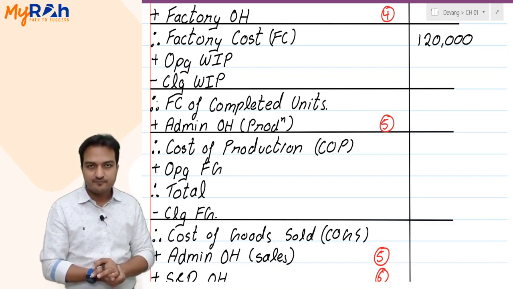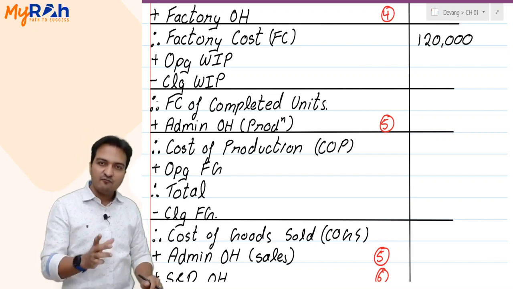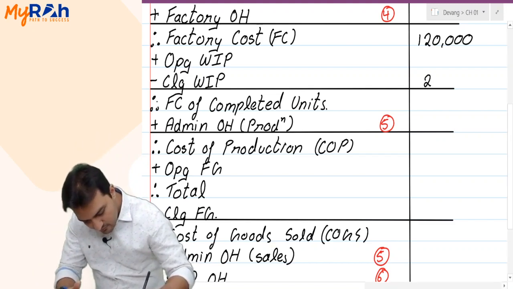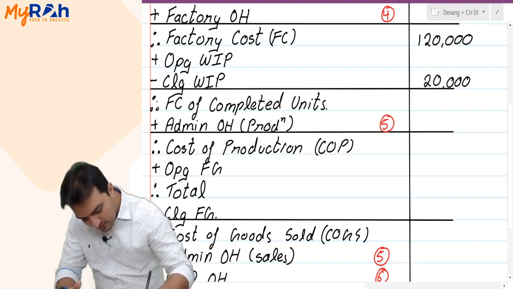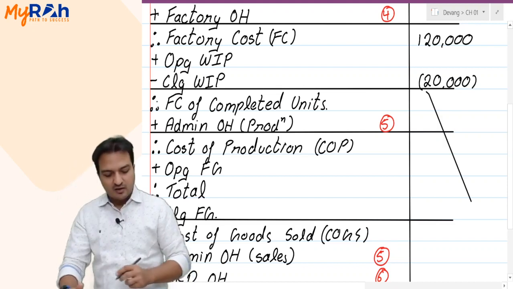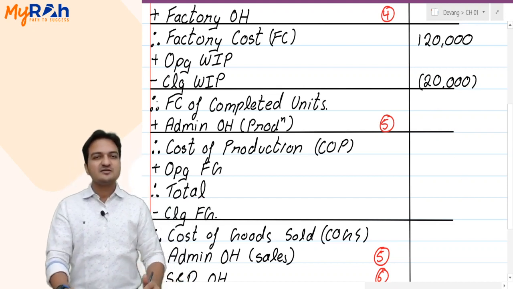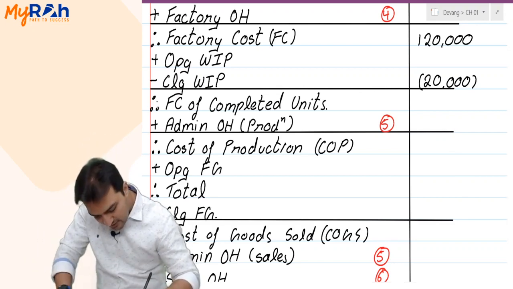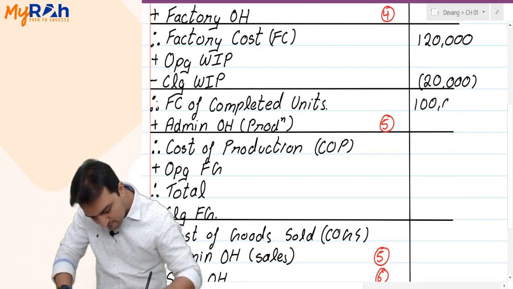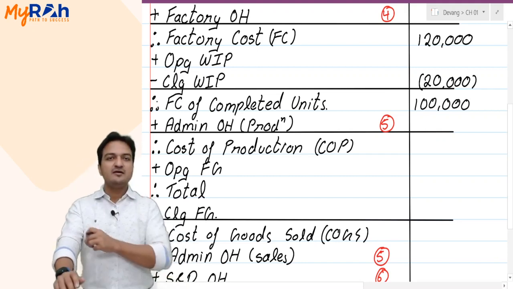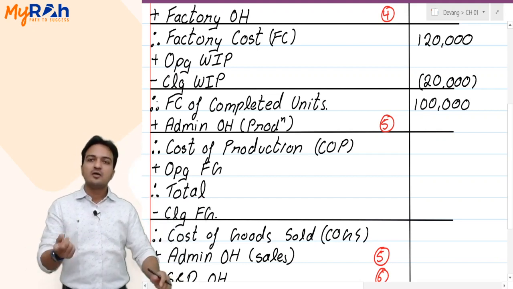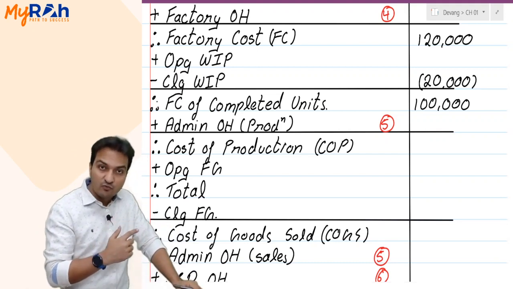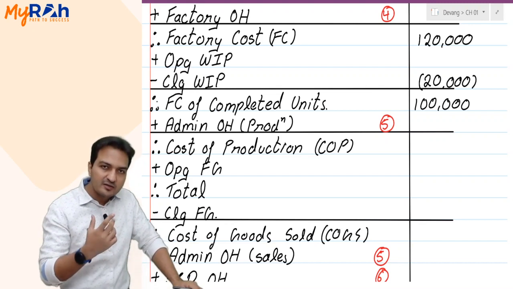So 20,000 is the cost incurred on incomplete units. I remove that, so what I now get is 1 lakh. 1 lakh indicates the cost incurred on completed units. This 20,000 which I removed is the cost incurred on incomplete units.